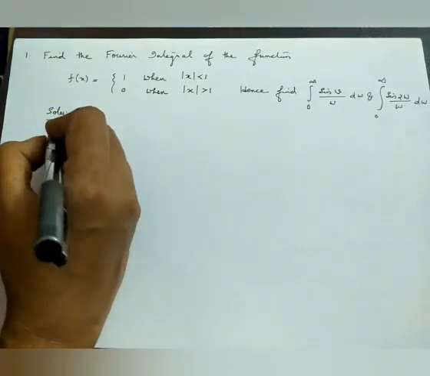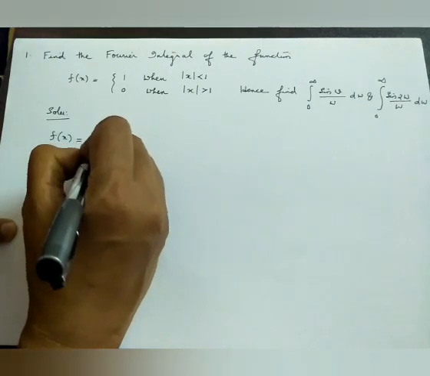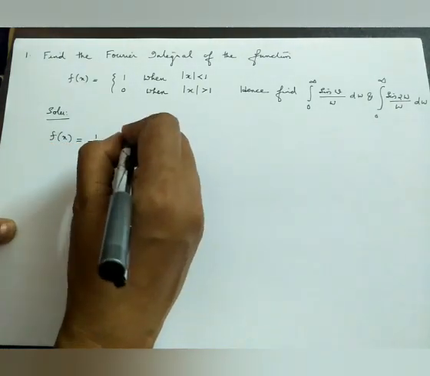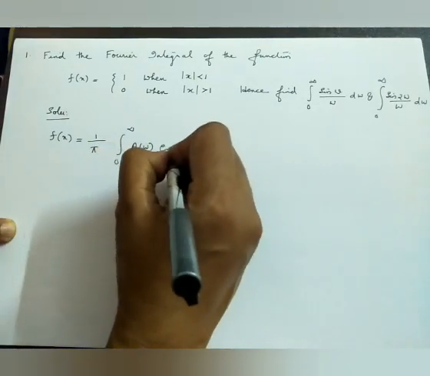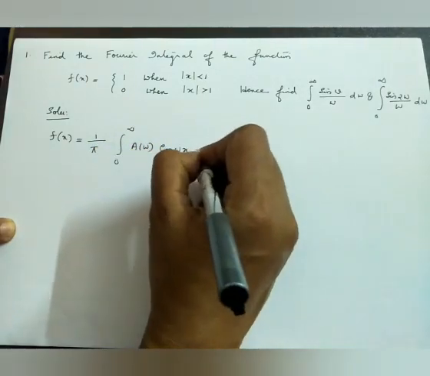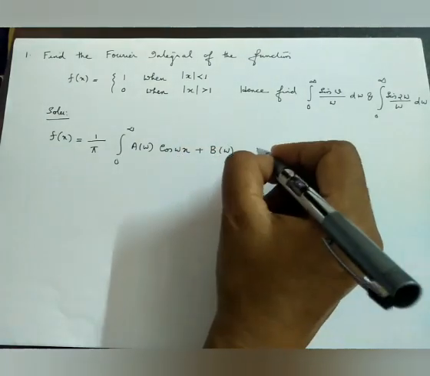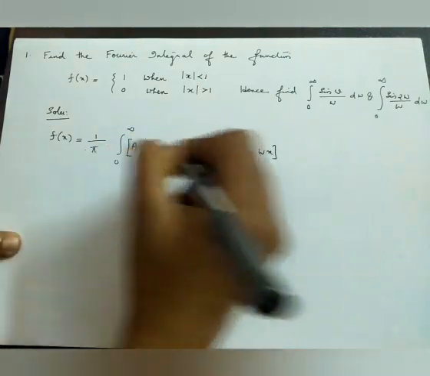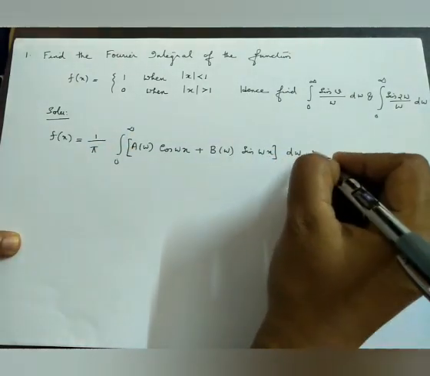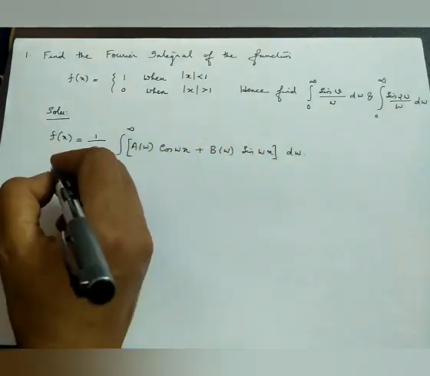We will take the general formula, that is f of x is equal to 1 by pi integral from 0 to infinity of a omega cos omega x plus b omega sin omega x into d omega. This is the general formula to find the Fourier integral.